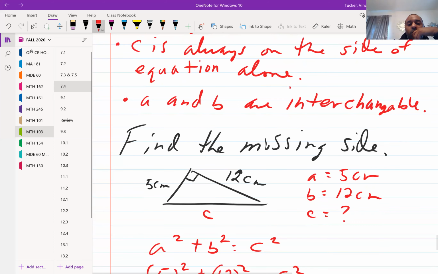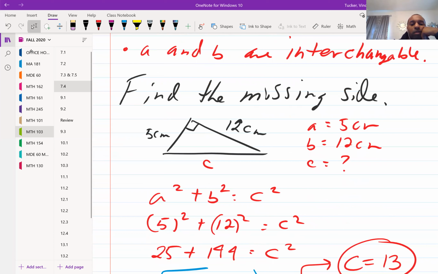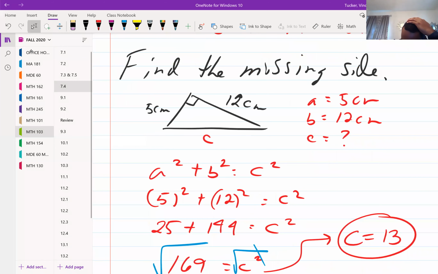So go ahead and plug those in for A and B. So that'd be 5 squared plus 12 squared equal to C squared. So 5 squared is 25, 12 squared is 144.